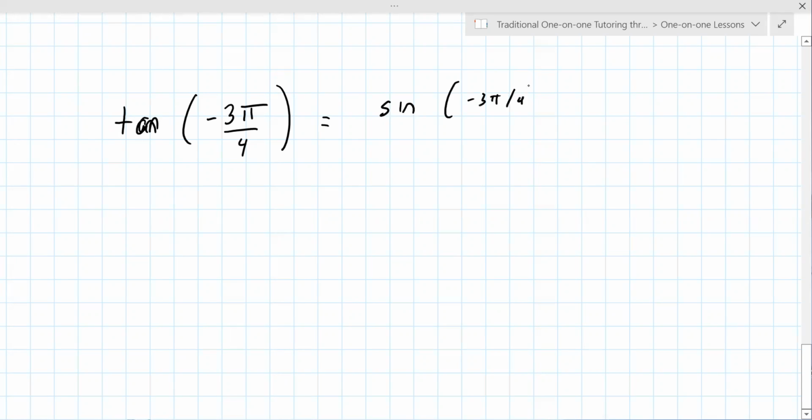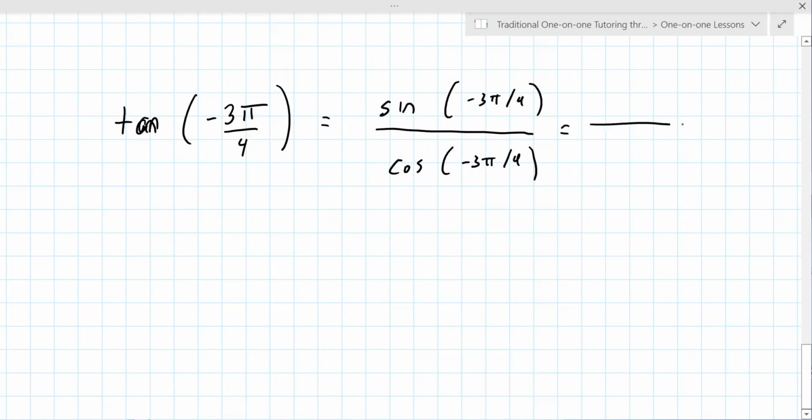The first one would be something like asking you what's the tangent of minus 3 pi over 4. There's a couple of ways to do this. One is to say this is really the sine of minus 3 pi over 4 over the cosine of minus 3 pi over 4.